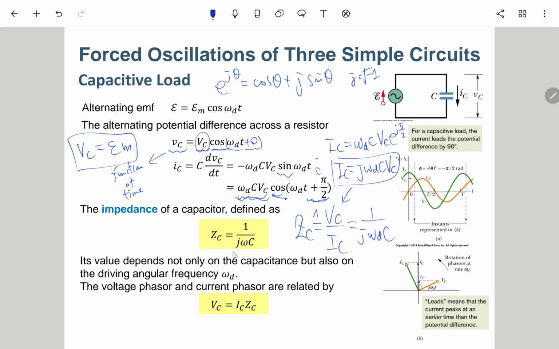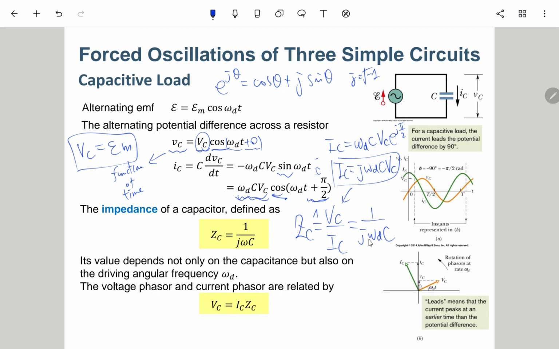Or generally we just try to write it as 1 over j omega C, okay? So we just replace this omega d by omega, to simplify the expression. So this is the impedance of a capacitor. And actually this phase is the phase between the current and the voltage for the capacitor.